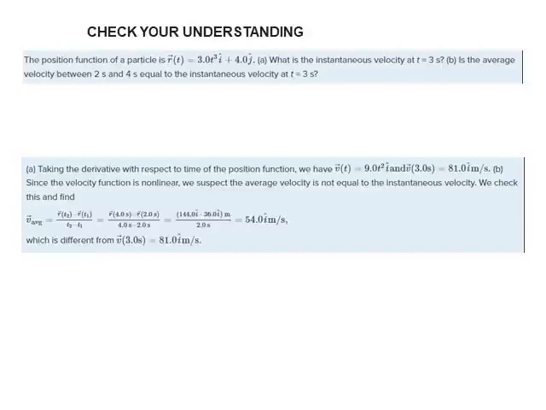So by putting t equal to 4 seconds in the given r(t) vector equation minus putting t equal to 2 seconds, you will get the average velocity equal to 54 i cap meter per second, and you can see clearly that it is not equal to the instantaneous velocity.